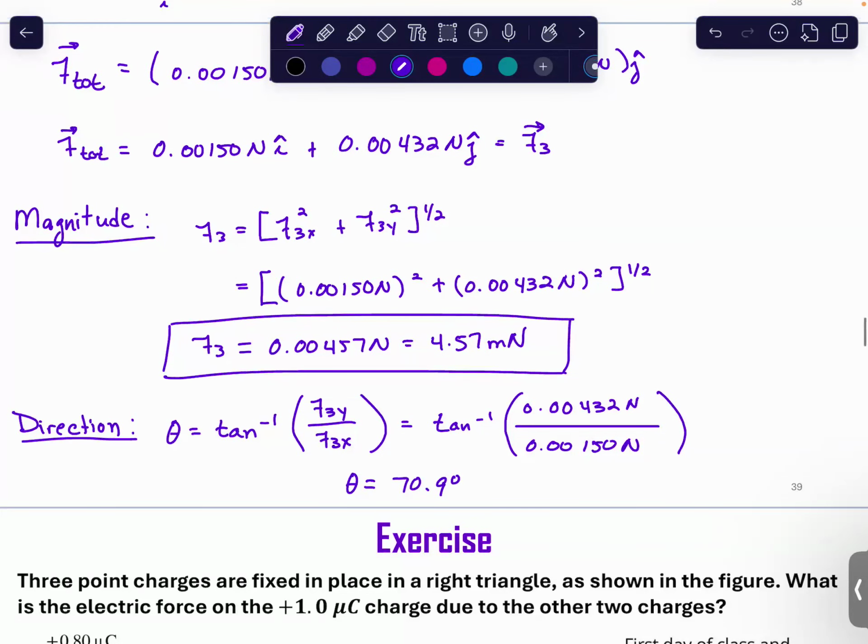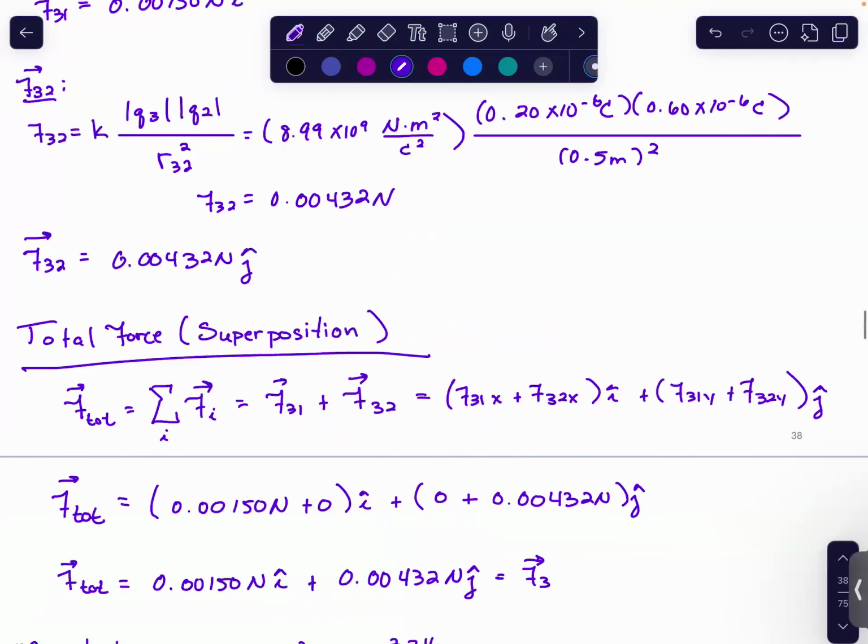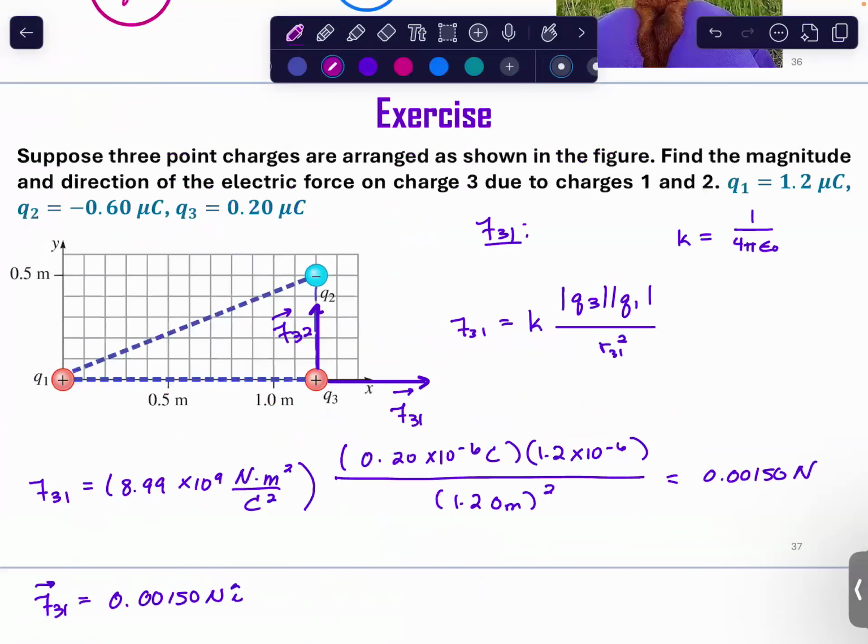So what we do is we're going to go back up, and we're going to say, well, that means that vector is going to come right out of charge 3 up to the first quadrant at an angle theta of 70.9.